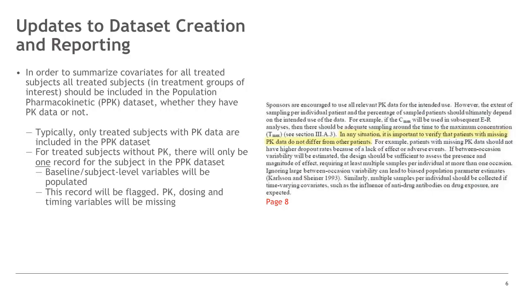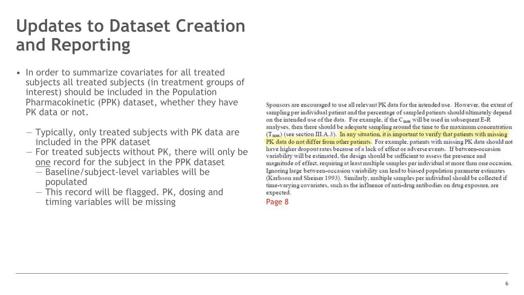And I think we've left it open for reviewers to open both of those files and compare them. This gets at, no, we'd really like to not have to open multiple documents to look for this information. We'd like it presented somewhere in the report, whether it's the appendix or the main body, where you show us a high-level table that summarizes what those covariates might be, just so that we can assuage our concerns that the PK subgroup is somehow unique amongst the general population that was studied.